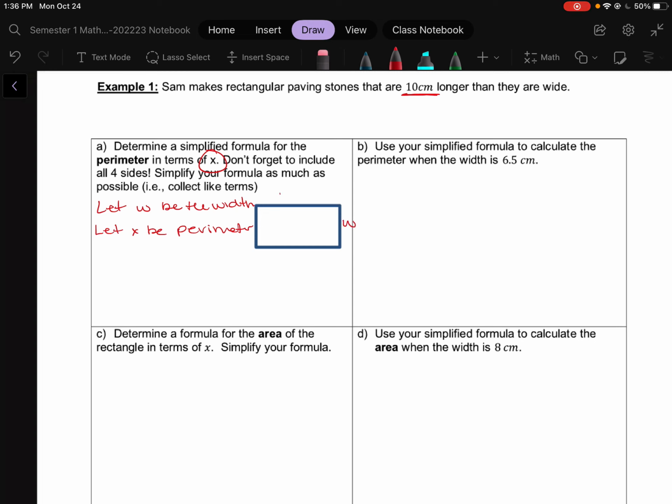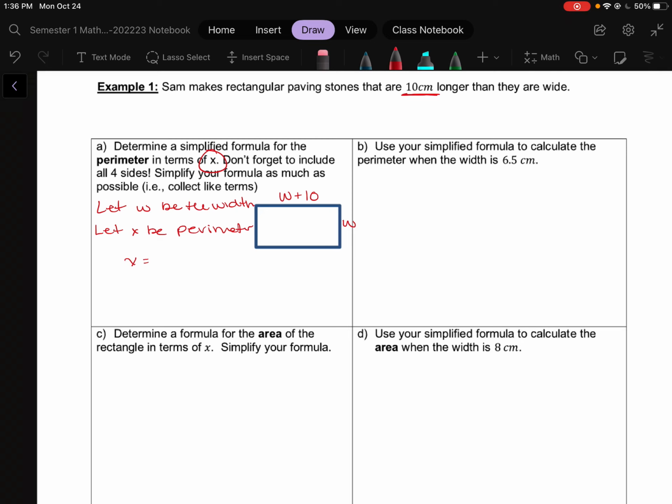So this side would be W, and then the other side would be 10 centimeters longer. So it's going to be plus 10. So given this formula, we always have it going to be X and our W. So X is going to be our perimeter. So then we're going to keep that on one side.